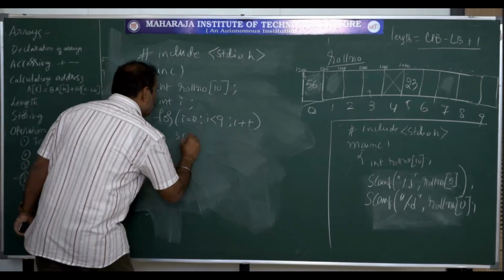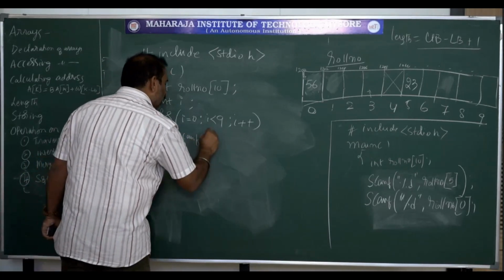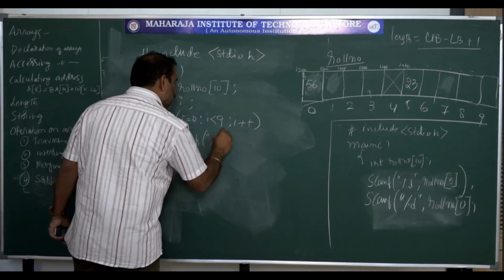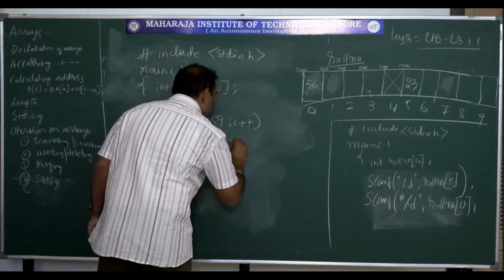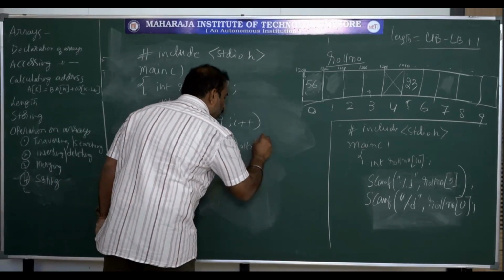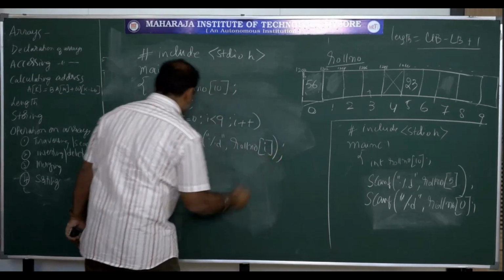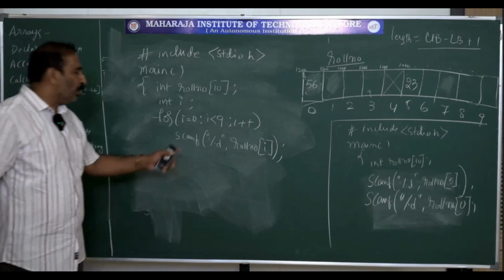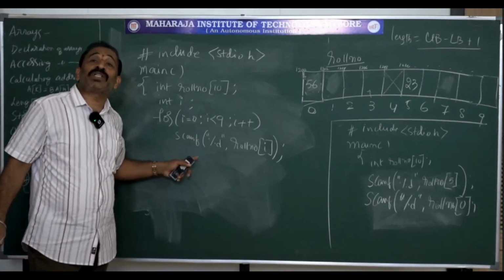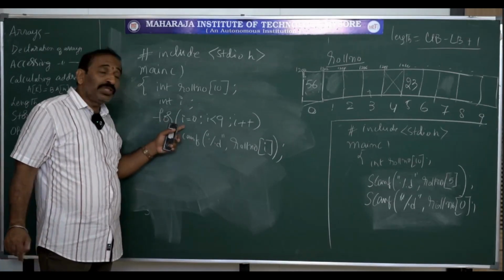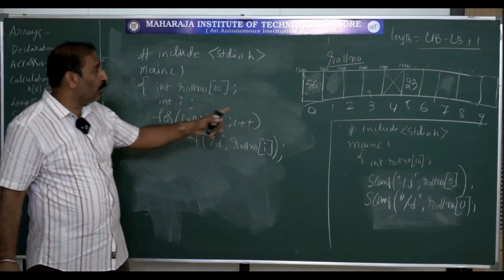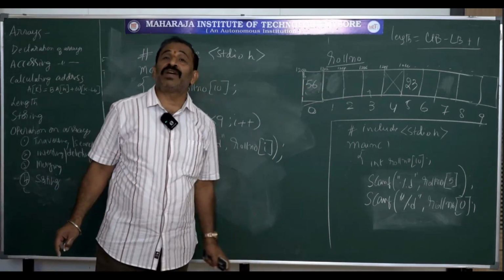I am simply doing it like this. Scanf %d. Simple. You will be reading all 10 numbers starting from 0 index value till the 9th index value.